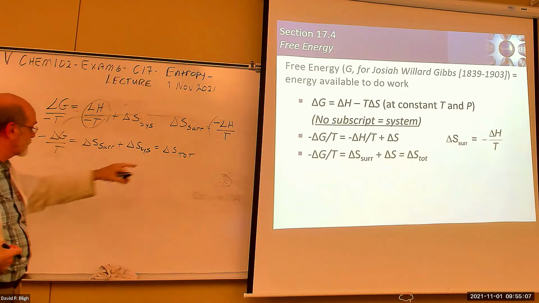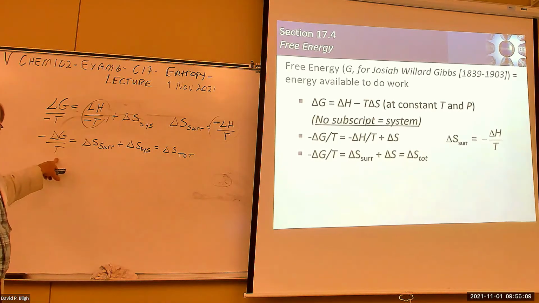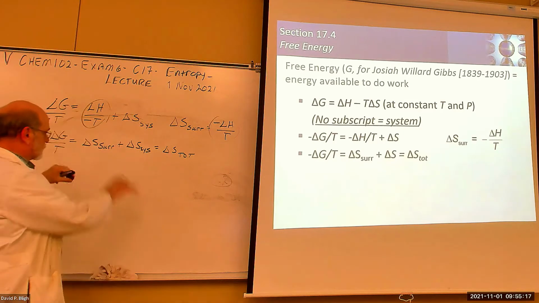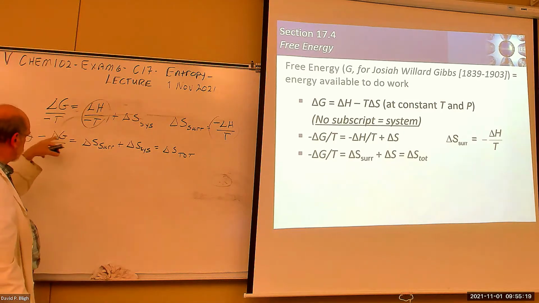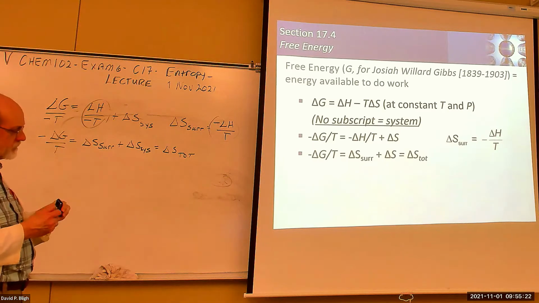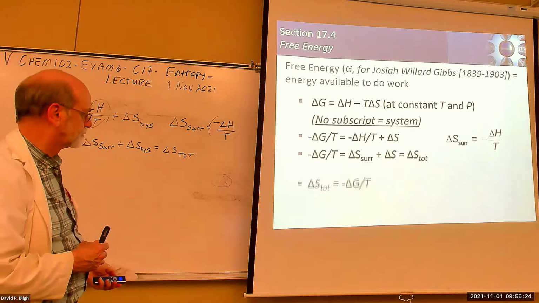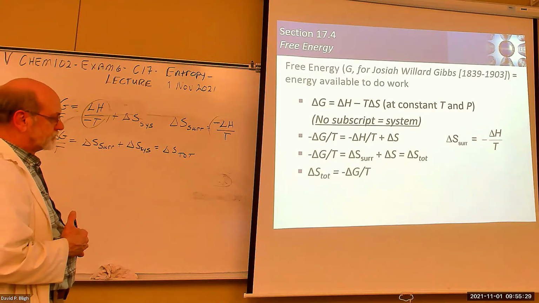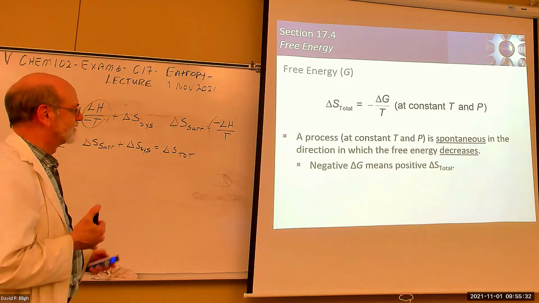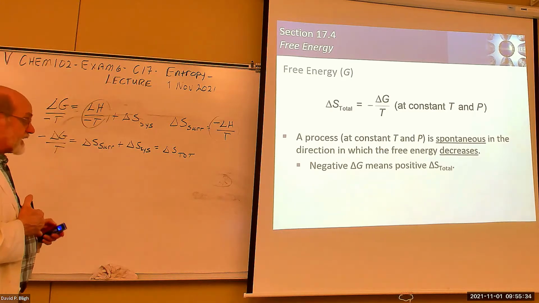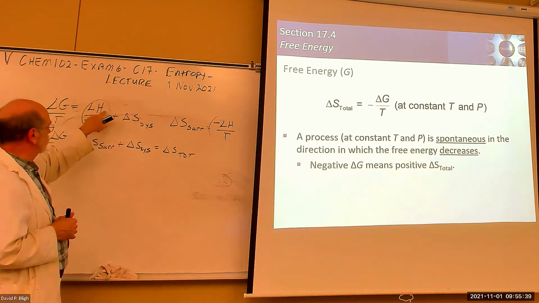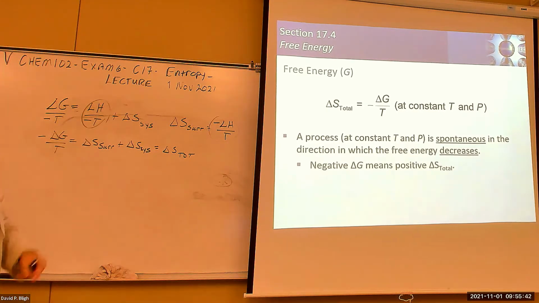So that means delta S total is equal to negative G divided by T. So now we can get a handle on it: delta S total is equal to Gibbs free energy divided by T, take the negative sign. And that's a useful equation also. And this is at constant temperature and constant pressure because it was derived from delta H, which had to be at constant pressure.